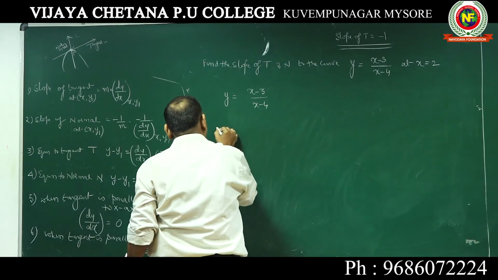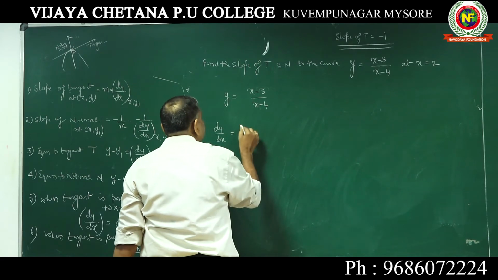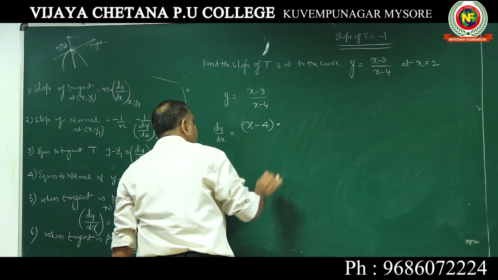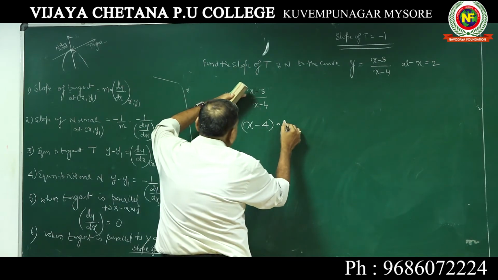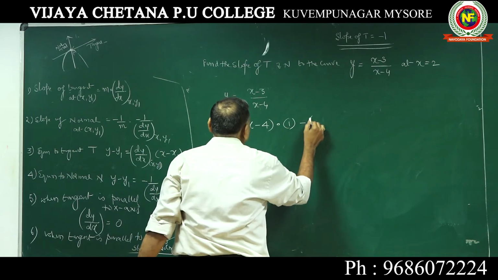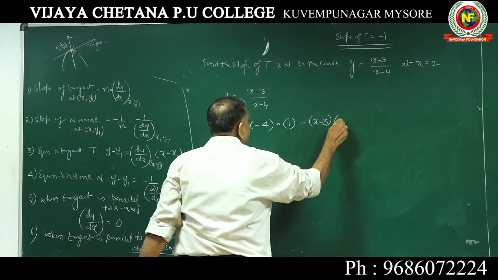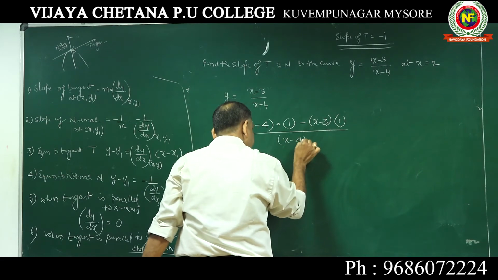Now when you differentiate this, dy by dx is, by quotient rule, (x minus 4) into d by dx of (x minus 3), which is 1, minus (x minus 3) into d by dx of (x minus 4), which is 1, by (x minus 4) whole square.